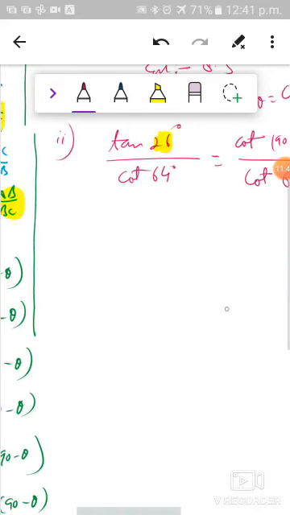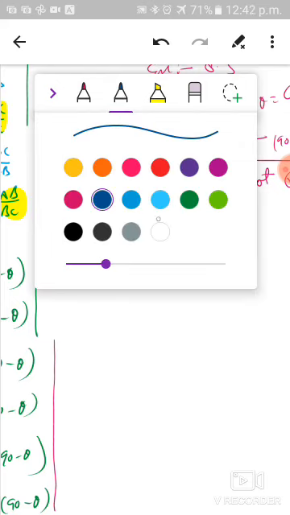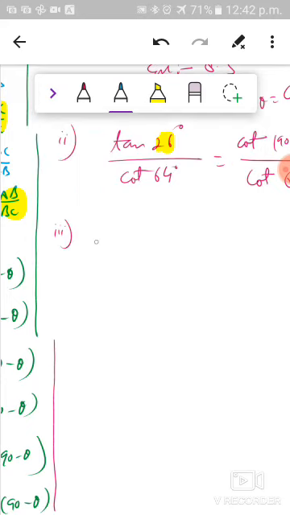Let us take part 3. Okay, question number 1. So part 3 is cos 48 degree minus sin 42 degree.